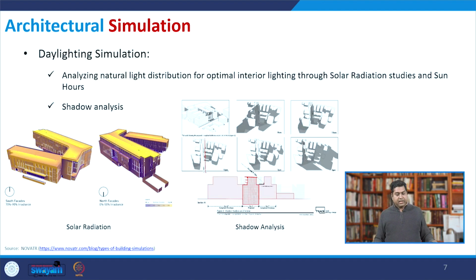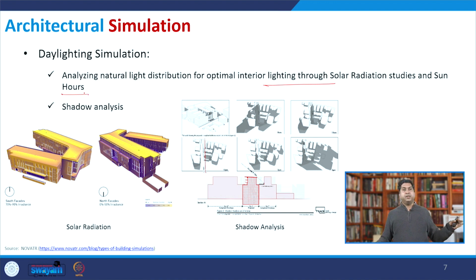Now coming to daylight simulation, there is software available which helps to understand the sun path movement, the location of the building, and the relationship between the location, the orientation of the building and the sun path. In this case, it helps in analyzing natural light distribution for optimal interior lighting through solar radiation studies and sun hours.